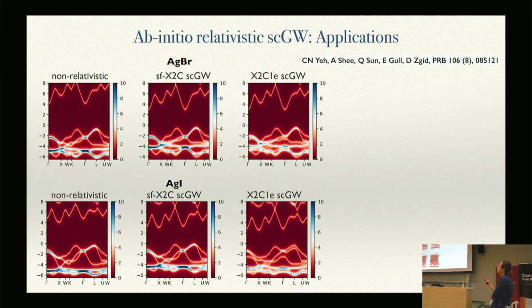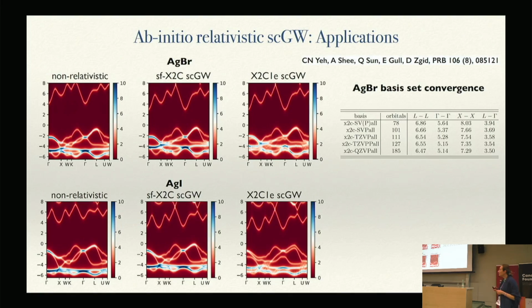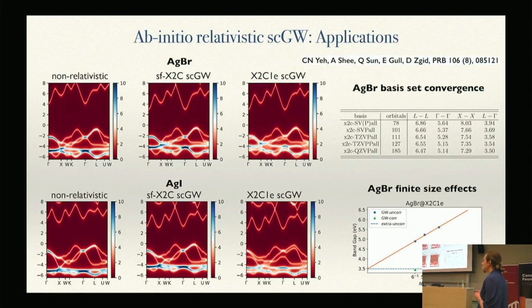And if you do the fully relativistic calculation that includes spin-orbit coupling, you start to develop this spin-orbit splitting due to relativity. That can be evaluated quite well in this theory. One can converge these spin-orbit splittings with the basis set, and one can converge everything with finite size effects. So this is a very controlled calculation where one can get very decent accuracy.